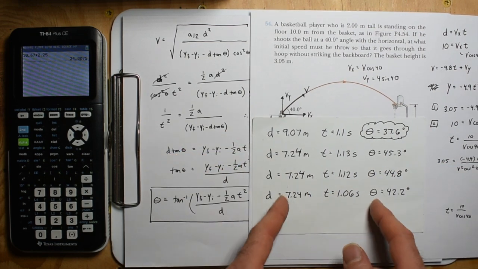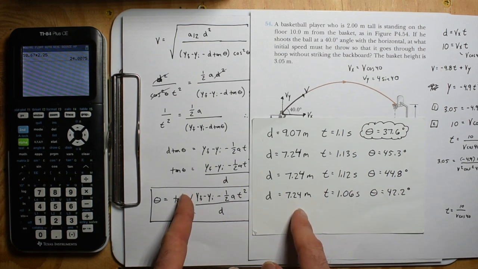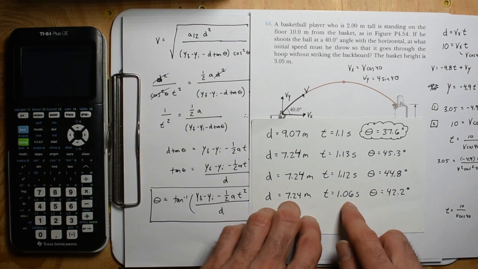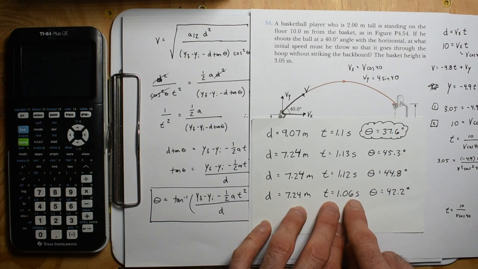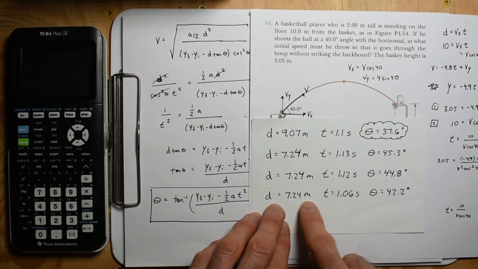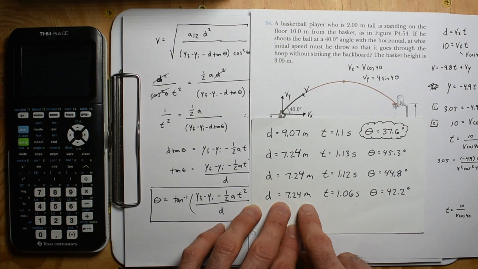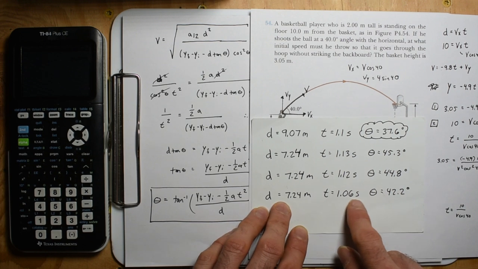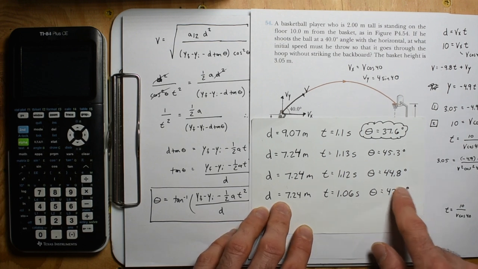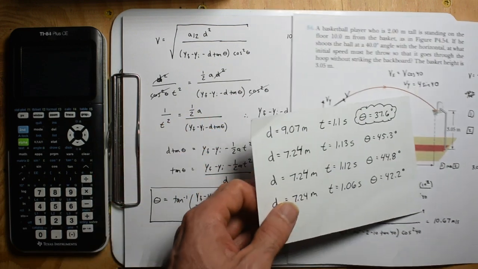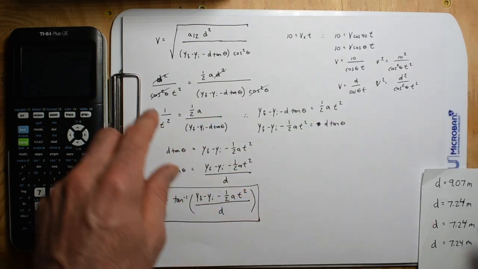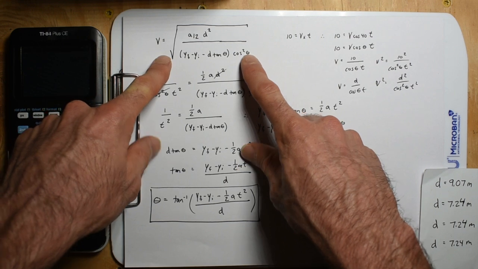Because it's YouTube, I can clip it, and then I threw it into my video editing software and made sure the time was correct. So I got 1.06 seconds at the three-pointer, with an angle of 42.2 degrees.